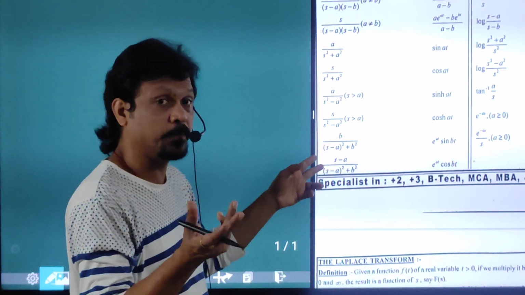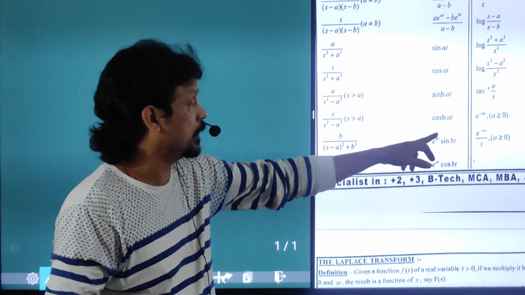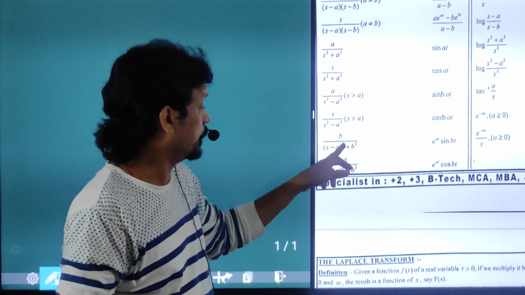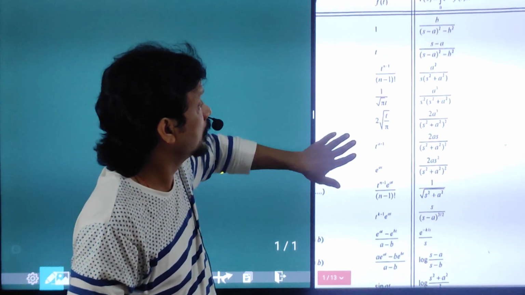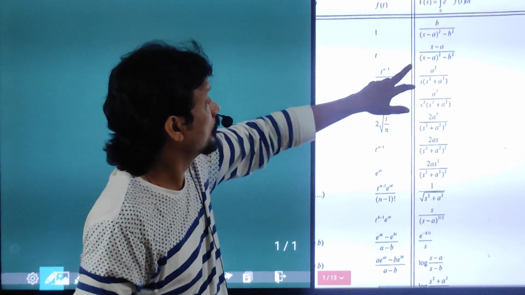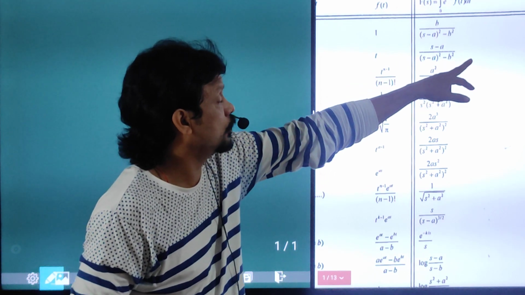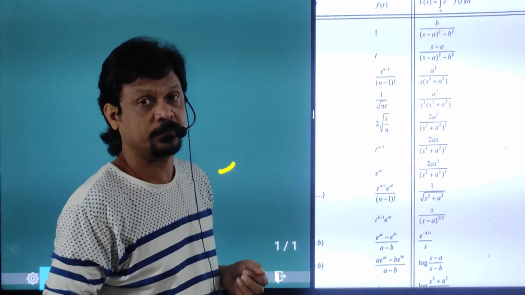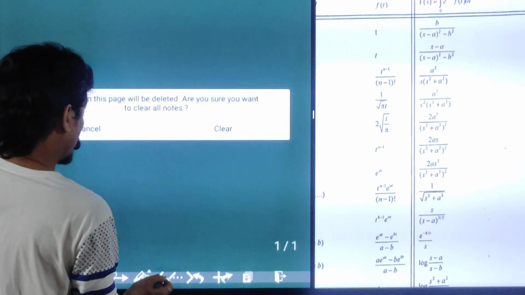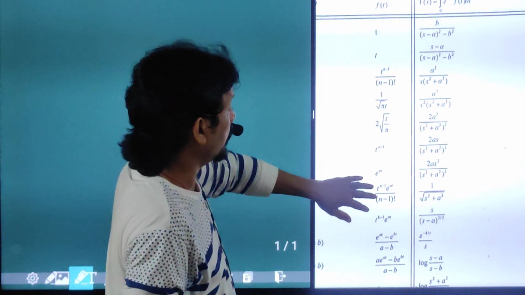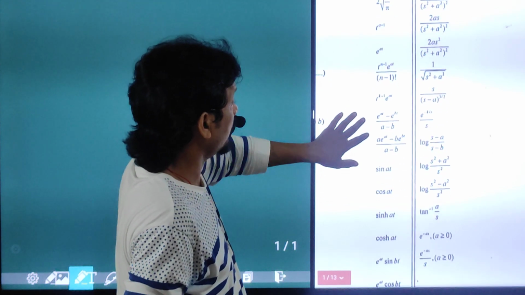If plus is there, then a trigonometric function will be there. If minus is there, then you should write a hyperbolic function. So we are going to apply the same format.